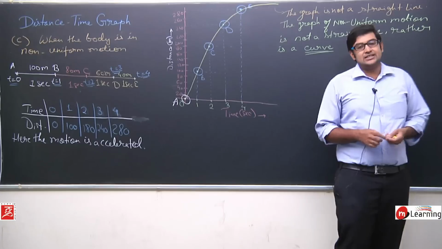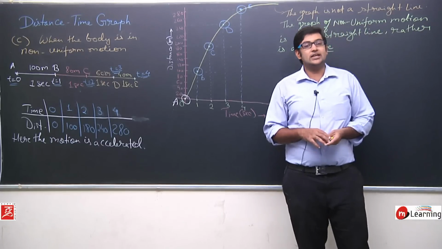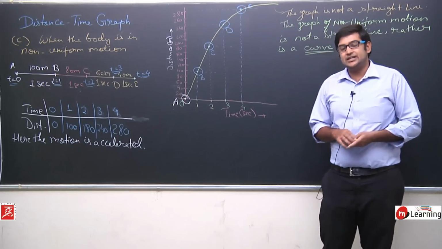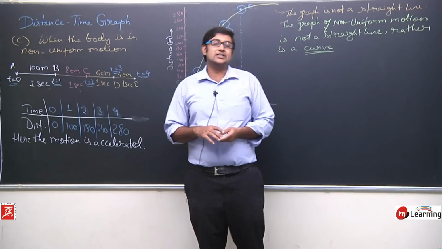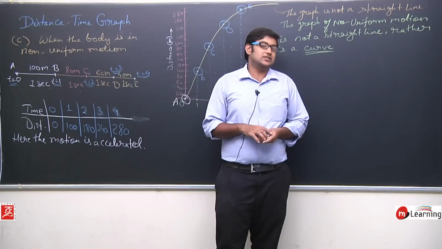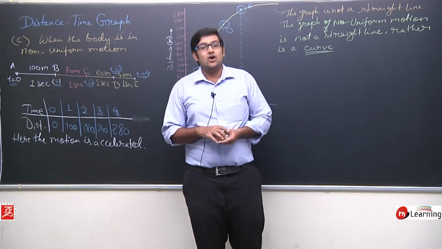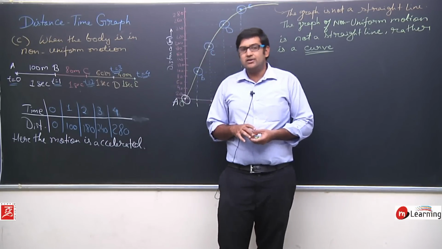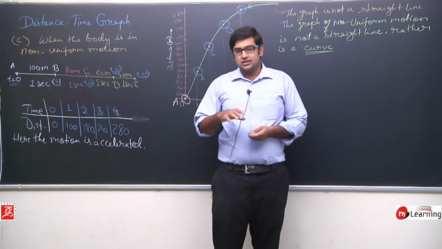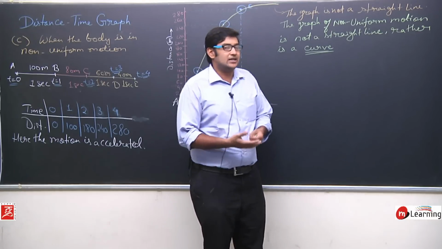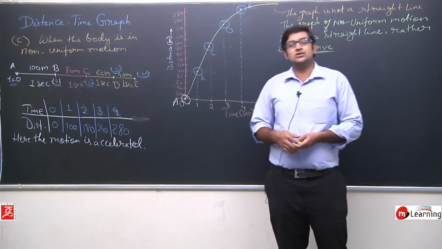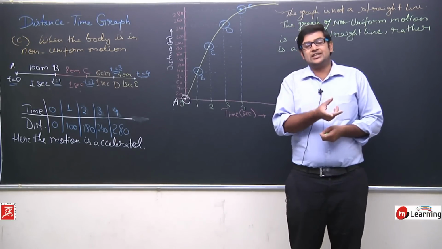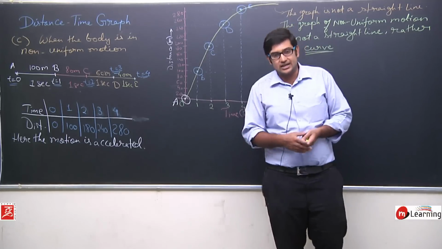When the acceleration is in the direction of velocity, we call it positive acceleration, and when the acceleration is opposite to the direction of velocity, we call it negative acceleration or retardation. We have discussed that retardation and acceleration are two terms used for acceleration only. Just the direction of the acceleration is changed and we call it retardation.